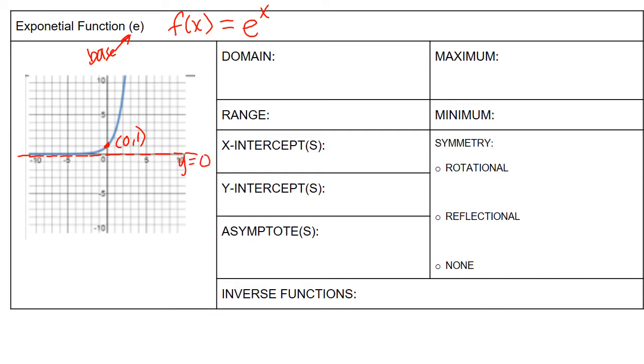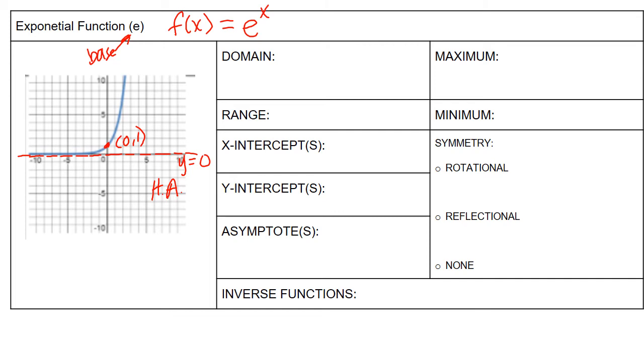So I'm getting as close as I can, but I'm actually not touching the x-axis. Okay? And that's because there's a horizontal asymptote here, remember? HA, horizontal asymptote. E is like pi. It's a number. It has a value. E is a number. It's not just nothing.